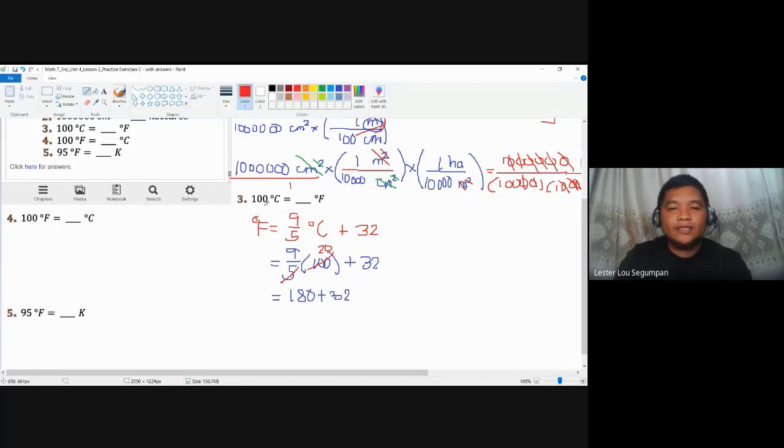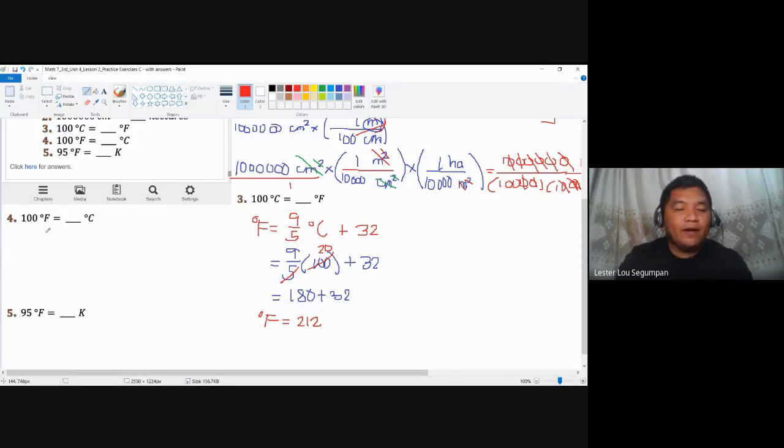So the 100 degrees Celsius, as known to be the boiling point of water, in Fahrenheit scale is equivalent to 212 degrees Fahrenheit. Let me write it better. Okay, so this is the formula for item number 3, converting Celsius scale to Fahrenheit scale.